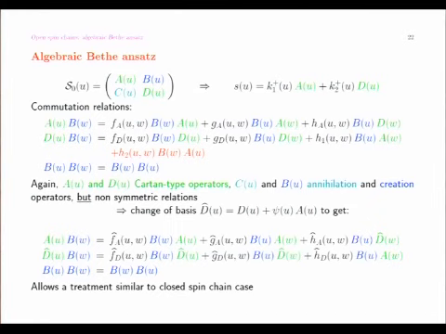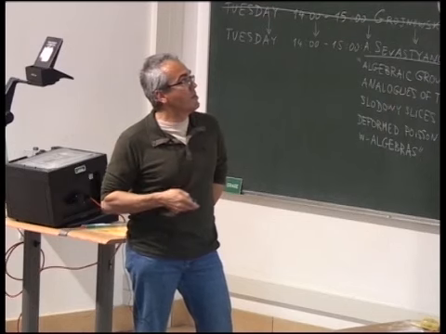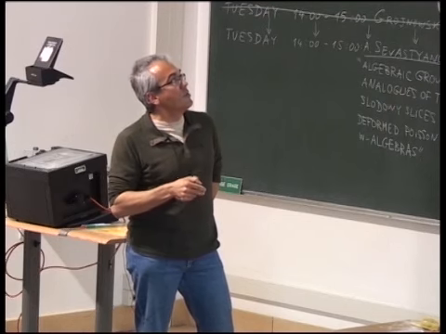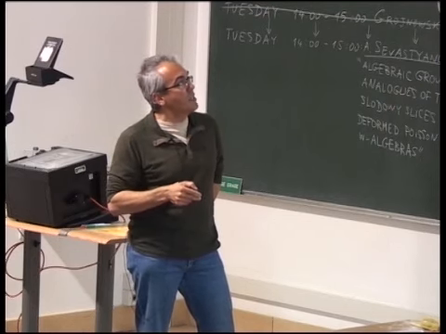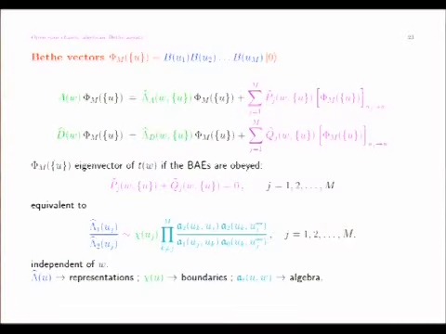To suppress this term, you need to make a change of basis of this form, and then you get this. So again, it's not the same relation as in the closed case, of course. It's not the same algebra, but it's symmetric between A and D hat. And now you can do the same thing as before. You just act with the B's on the reference state, which will be an eigenvector of this A and this D hat.